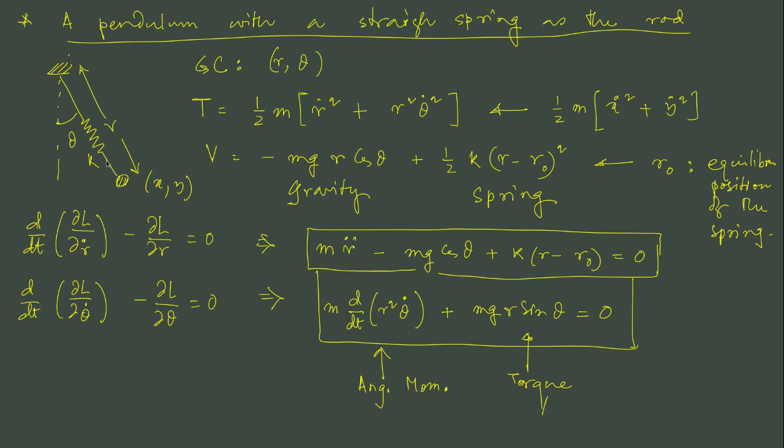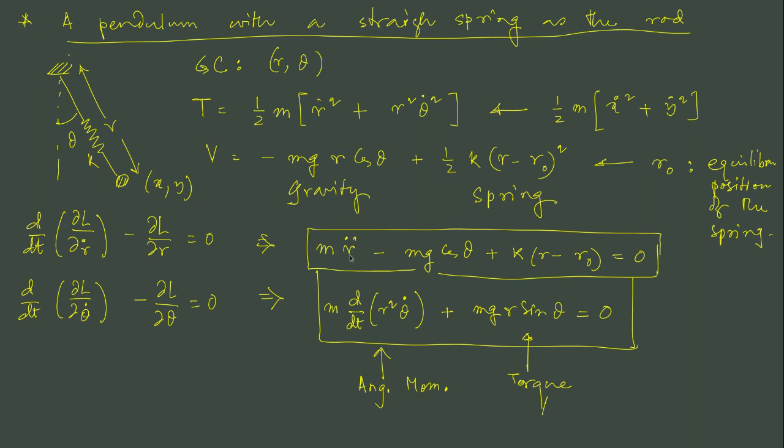If there is no gravity and the spring is just held static, then whatever the length of the spring is, let's say r naught, with that we can write the potential energy of the spring. Now we have two variables, r and theta.